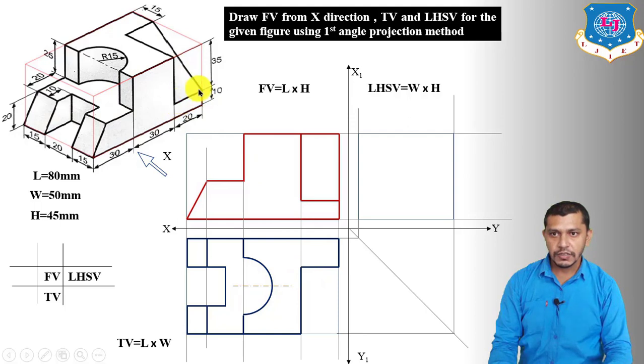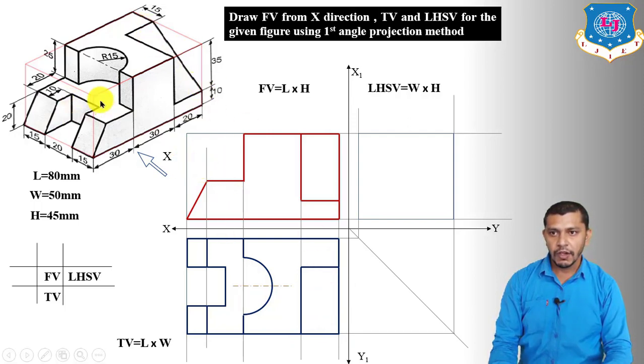This edge of the inclined surface is going to be projected over here in the top view, and this inclined face will be a vertical line in the top view over here. So connect this corner over here and connect this corner like this. We will get the top view of this inclined face.